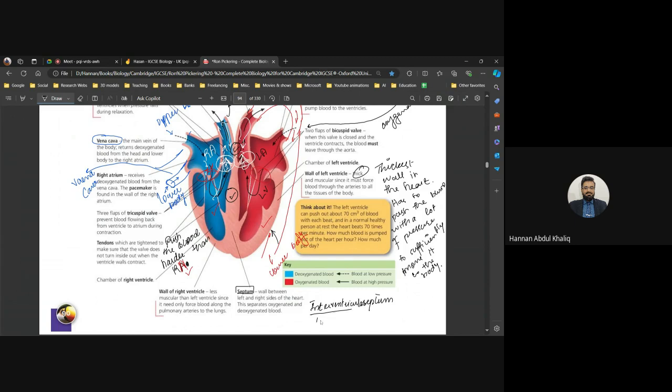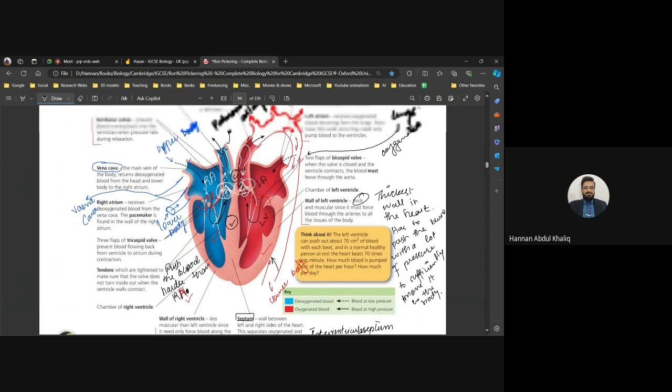This wall is separating the blood between ventricles. Otherwise, the blood would be mixed. So this septum is important. Another septum that you would find over here, this one, is called the interatrial septum, meaning a wall between two atria.